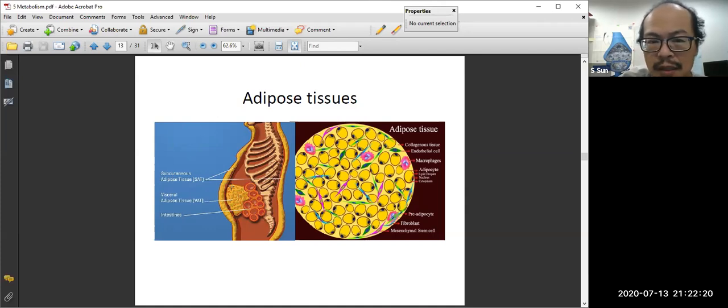So a little bit of fat is not a bad thing. Cholesterol, in a way, is not good, but triglyceride is okay. I mean, a little bit of fat is a good thing. The body needs some place to store this excess food.